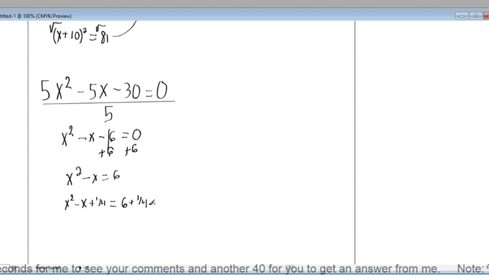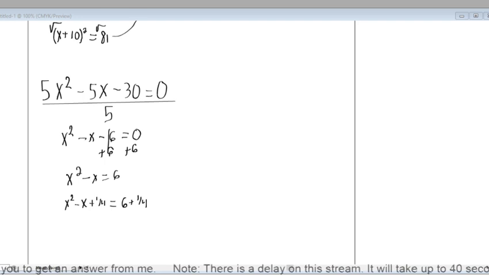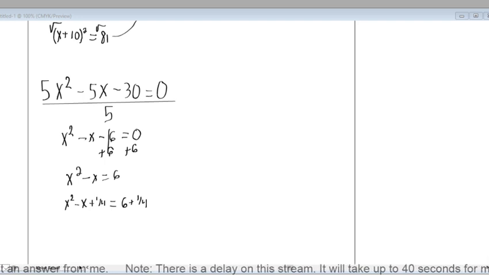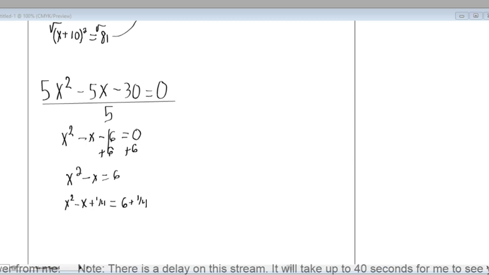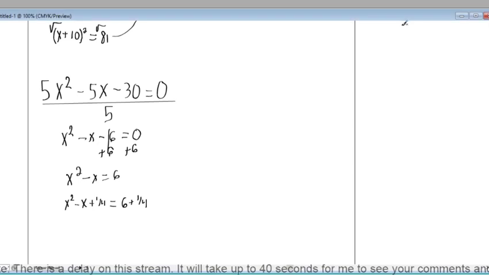Again, you can tell something is a perfect square trinomial if half of this number squared is this number. So I need to add 6 and 1/4. 6 over 1, multiply that so we get a common denominator.